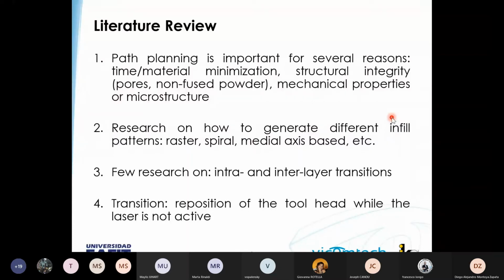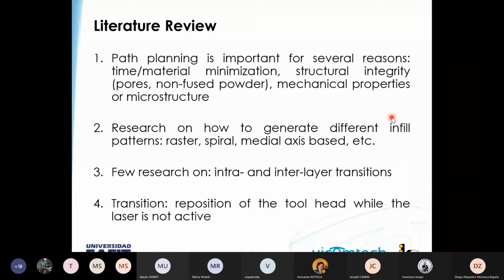Some of those are well known, because the path planning determines the time spent and the material use, but it also plays a role in the structural integrity to avoid defects such as pores or non-fused powder, and also in the mechanical properties and the microstructure.